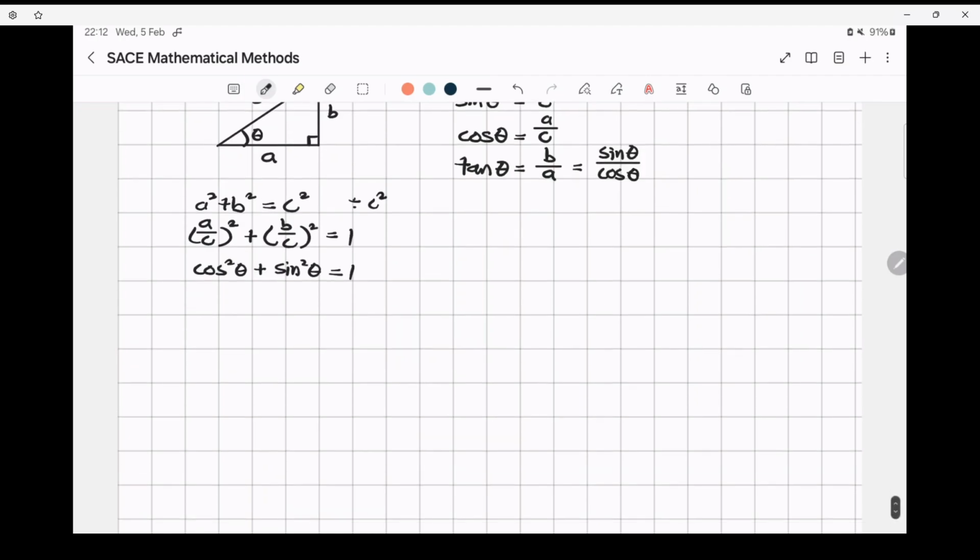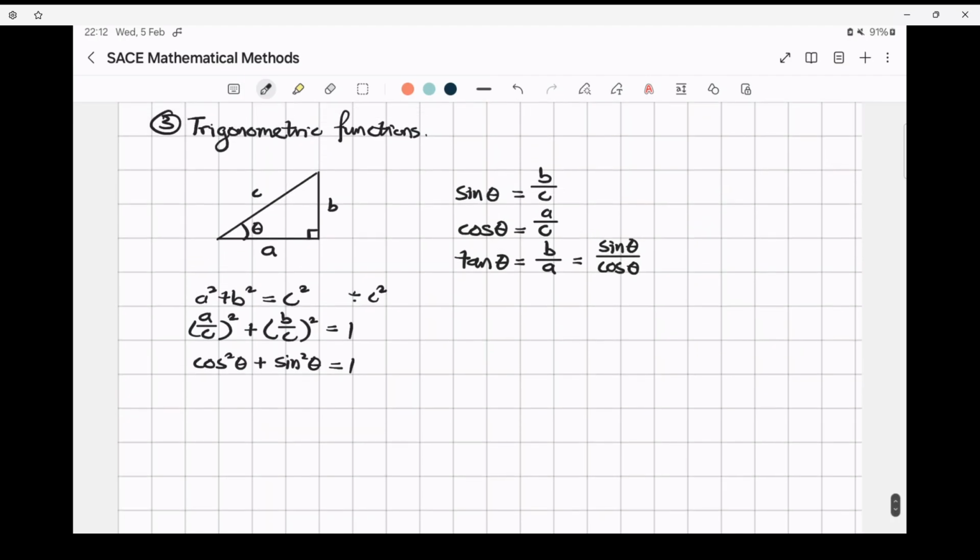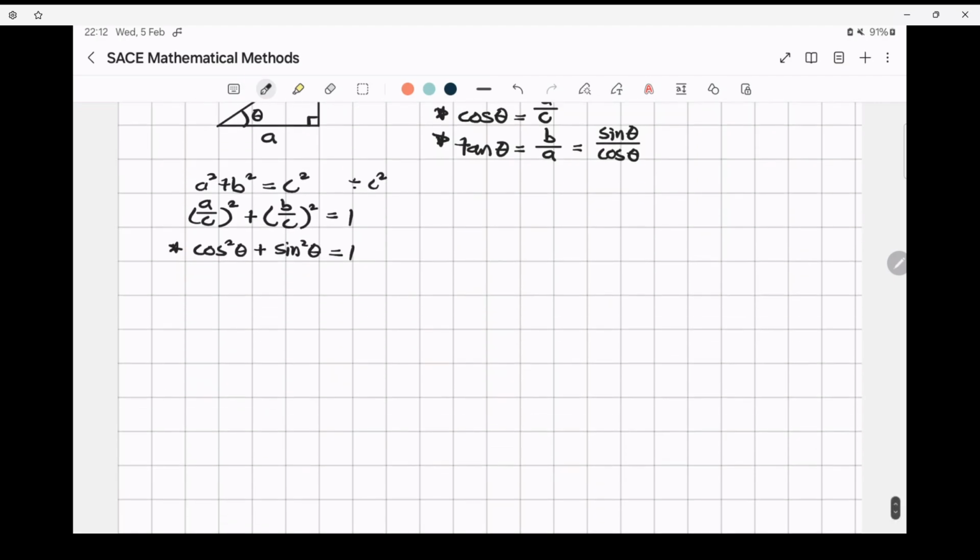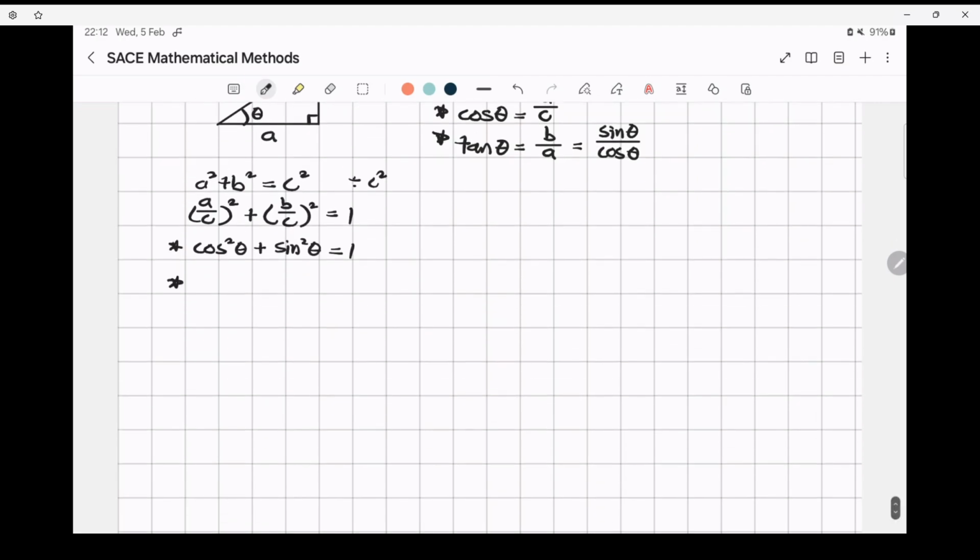And then what you need to know is also how to convert from radian to degree and from degree to radian. So all these are very important. If you have some degree that you want to change to radian, you take theta degree and multiply with pi divided by 180, then you get your radian.